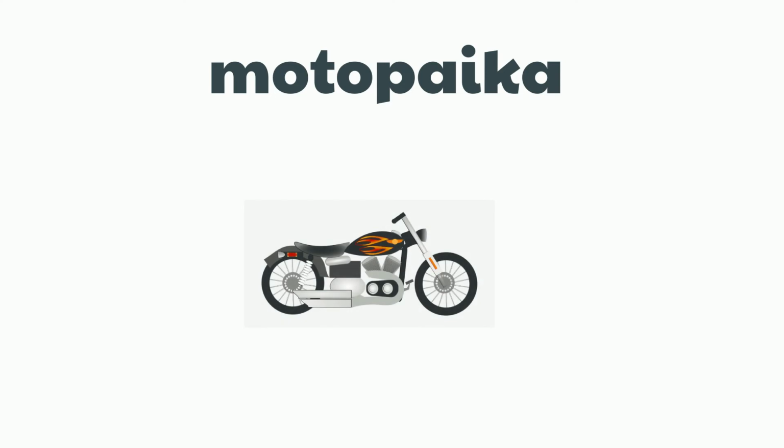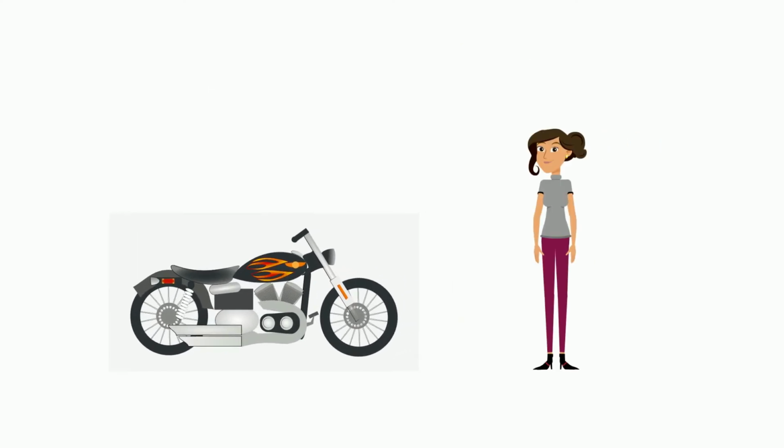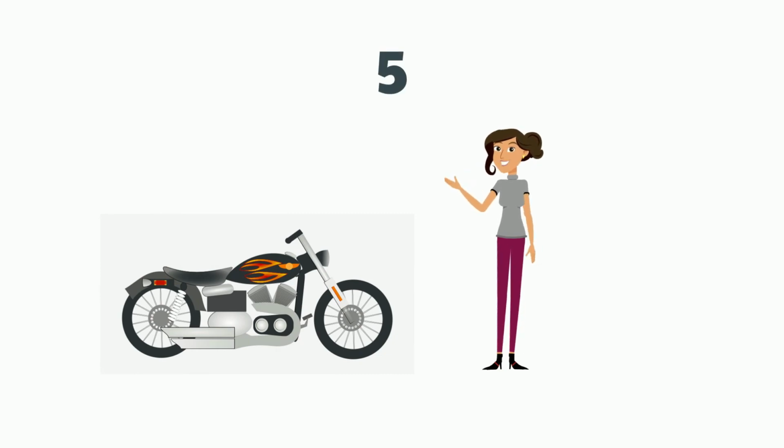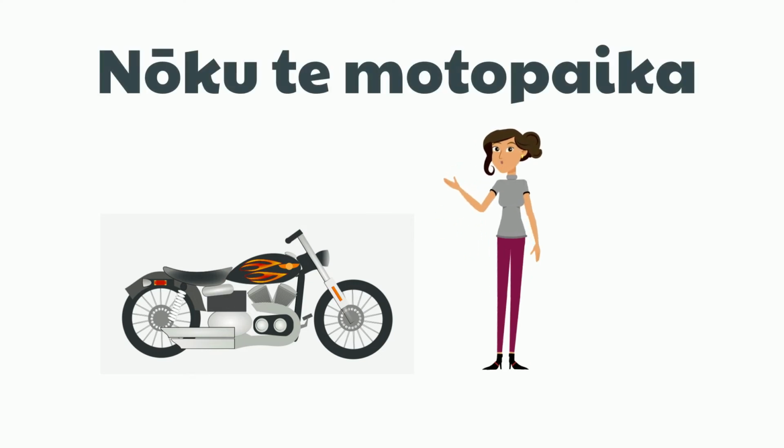Let's practice while learning some new words and also revising the possessive categories. Motopaika means motorbike. How would you say, the motorbike is mine? Nōku te motopaika. Transport belongs to the O category.